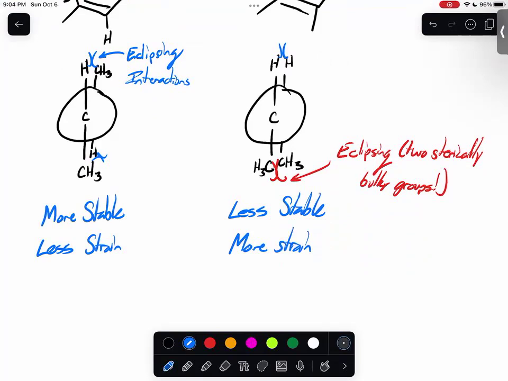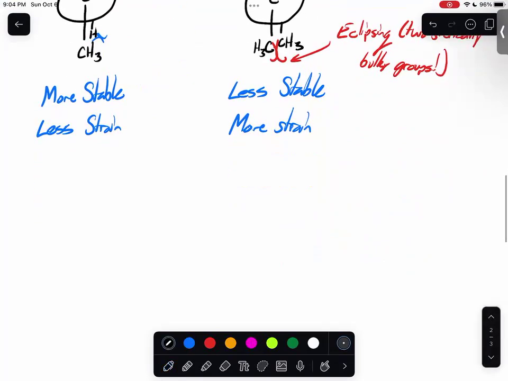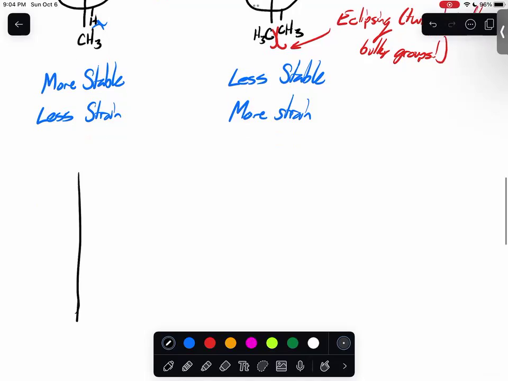Okay? So what this looks like in terms of energy is that the lower energy form, the one with less strain, is always E, and the one with the higher energy and higher strain is Z.